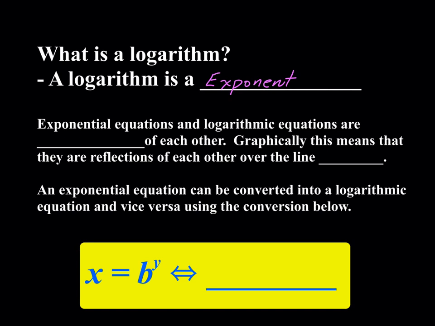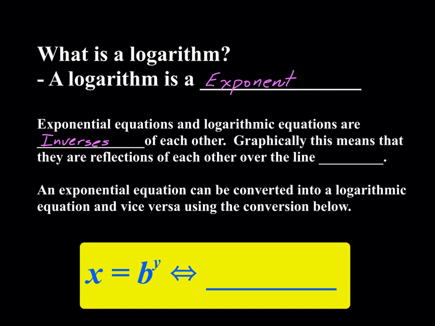So exponential equations and logarithmic equations are inverses of each other, and that is the reason why we are looking at these two functions in the same unit, because in order to solve a logarithmic equation you need to convert it to an exponential, and vice versa. To solve exponential equations you have to convert them to logarithmic.